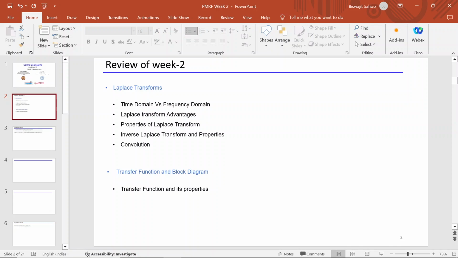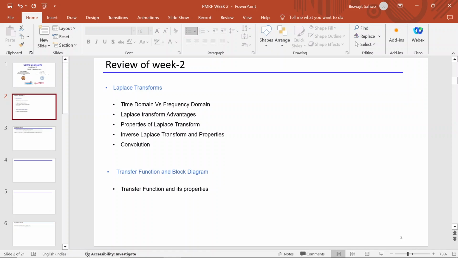So in the course, it covers the Laplace transformation. Why we require Laplace transformation, what is its importance. The difference between time domain signal and frequency domain signal, how you convert a time domain signal to the frequency domain, and what the advantages of that are. That is possible by using Laplace transformation.